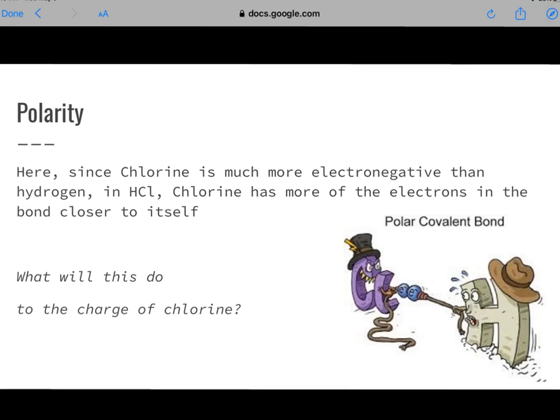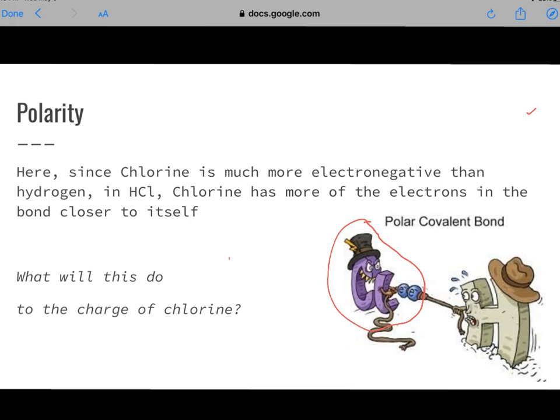In a bond between hydrogen and chlorine, chlorine, being clear over on the right side of the periodic table, is much more electronegative than hydrogen. Therefore, chlorine will have those electrons more than hydrogen will. It's an uneven sharing, with chlorine getting the electrons more.